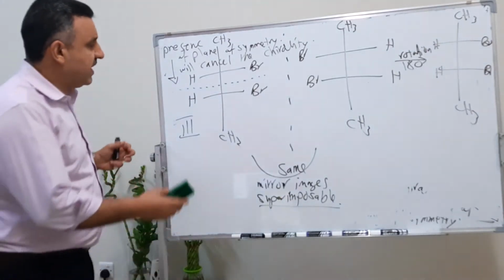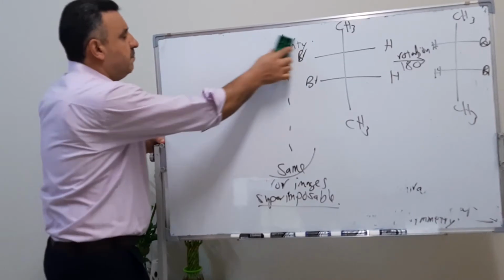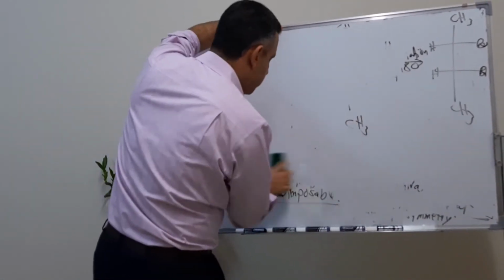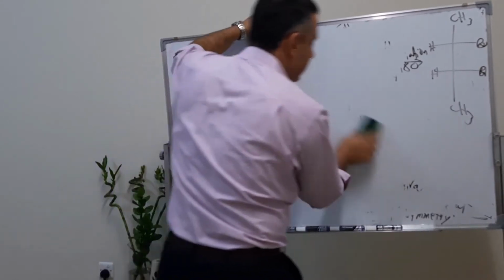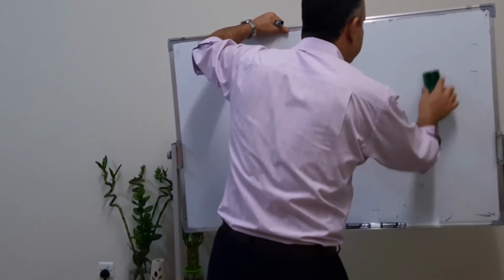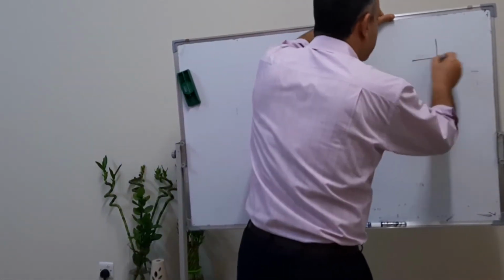So let's move now. Let's go back and redraw all possible stereoisomers for the 2,3-dibromobutane. As I said, we only have 3 stereoisomers for the 2,3-dibromobutane because one of them is achiral.